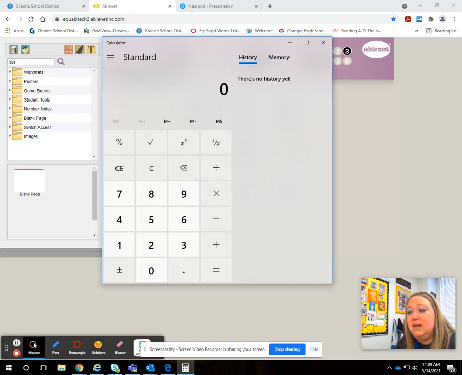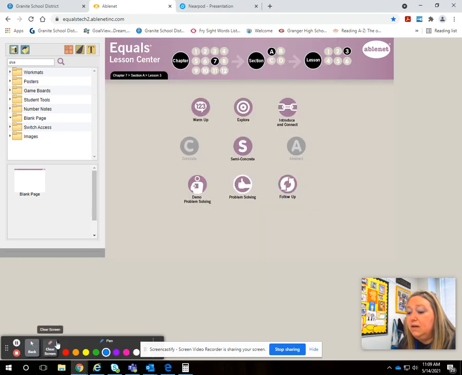So that's kind of nice and easy to do. So you should be able to get yourself a calculator at home at some point. It's also on just about every computer there is. We can pull up a calculator. So they're pretty easy to use. We do just have to make sure that we use the calculator correctly.